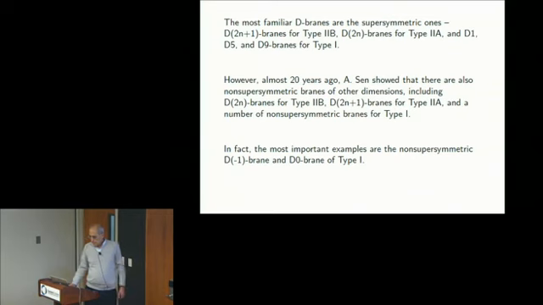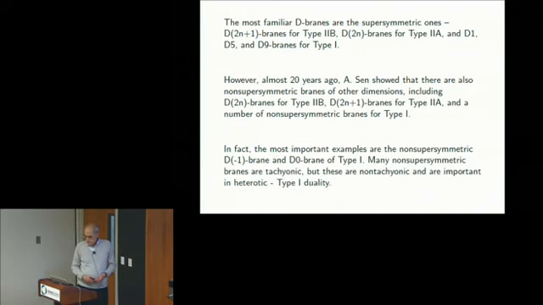The most important examples are for type 1, where Sen explained that some aspects of heterotic type 1 duality could be better understood if you know about these particular non-supersymmetric branes.